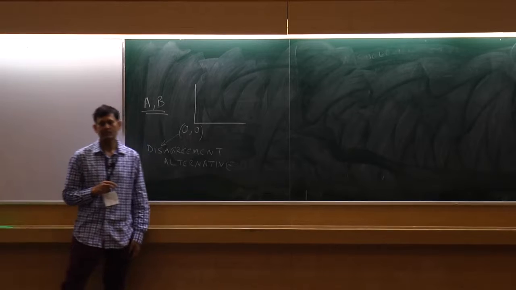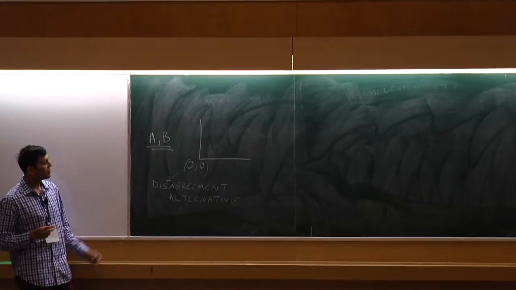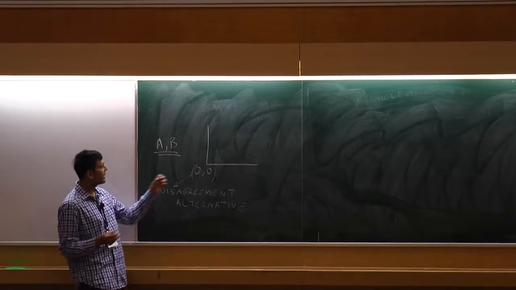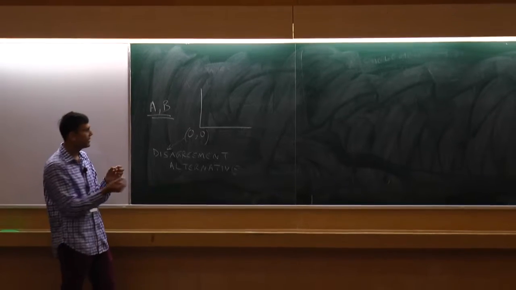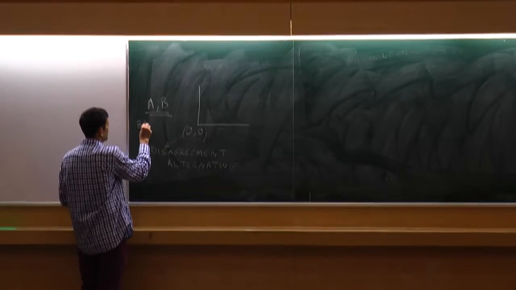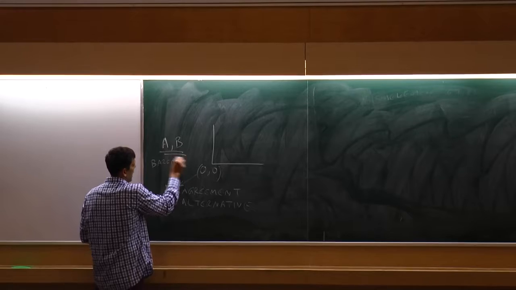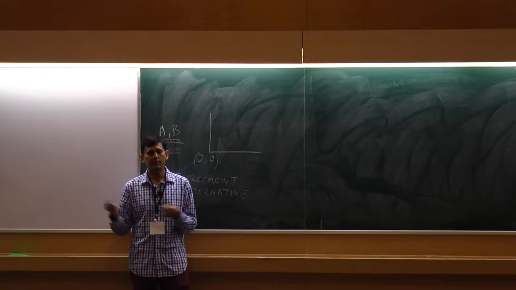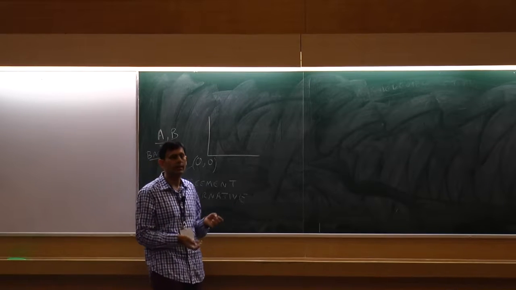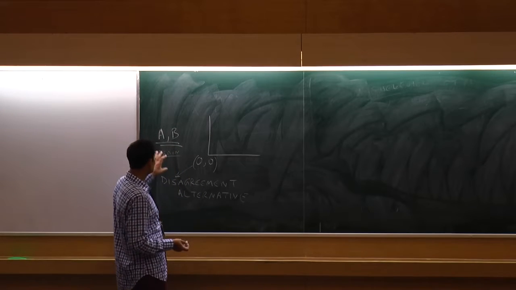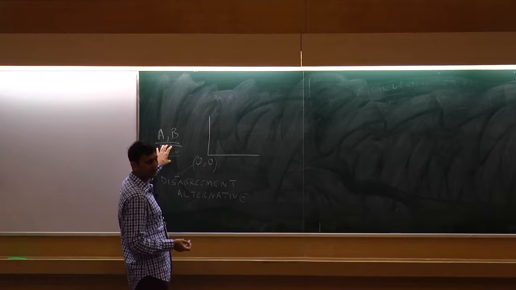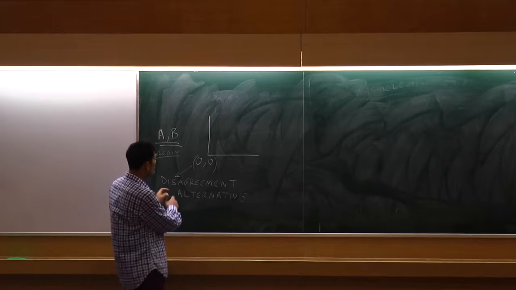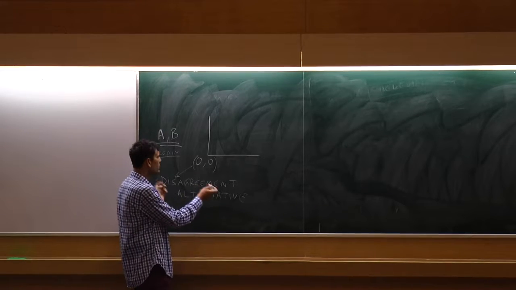If A and B are trying to bargain, they both have to agree on an outcome. It's like someone is trying to sell you something. If we don't agree, there's no sale. So it has this notion of voluntary participation. Anyone can walk away. If either of them walks away, then they disagree, then they both get utility 0.